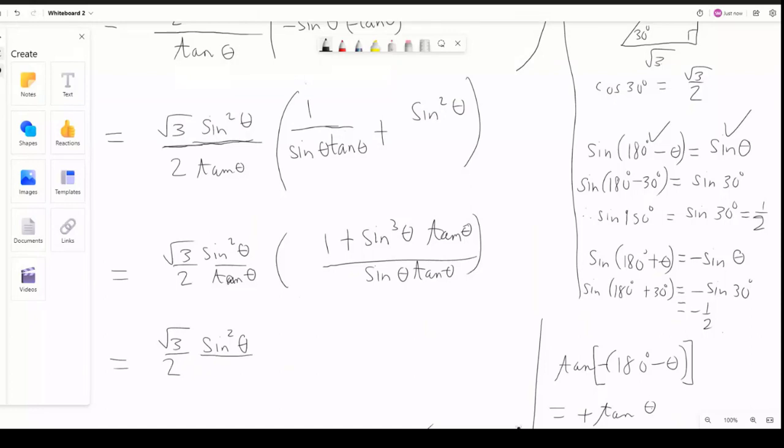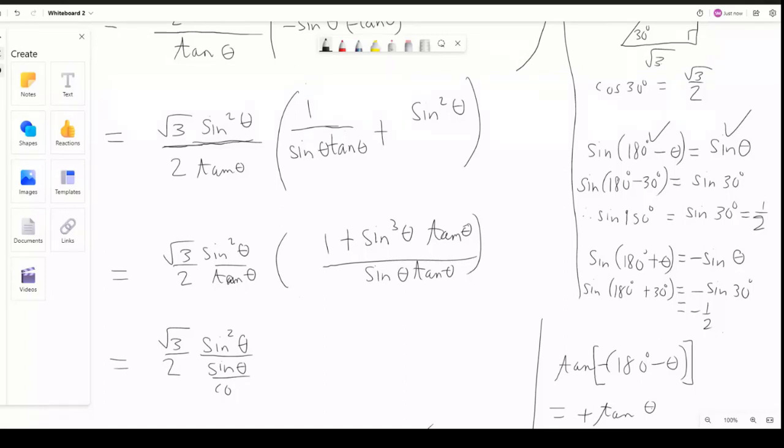But tan is sine over cos, sine theta over cos theta. I just wanted to avoid the duplication of things, and I first wanted to do the multiplication out and then do some cancellations. That's what I wanted to do initially, but it's no problem.